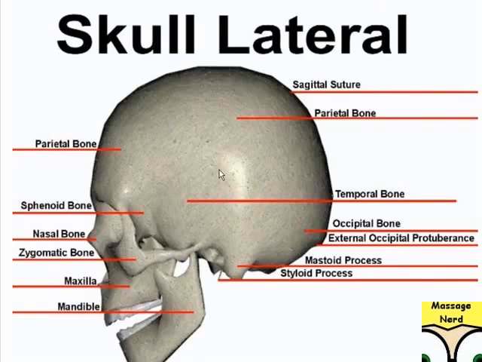Skull, lateral, bony landmarks. First one, sagittal suture, parietal bone, right here, temporal bone, occipital bone, external occipital protuberance, right here, mastoid process, styloid process, mandible, maxilla, zygomatic bone, nasal bone, and sphenoid bone.